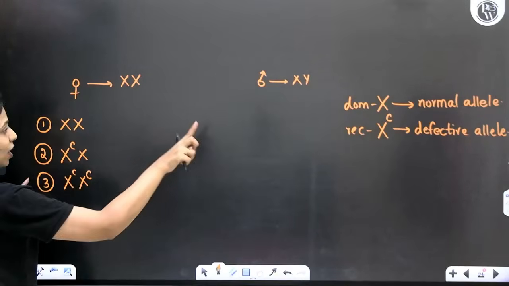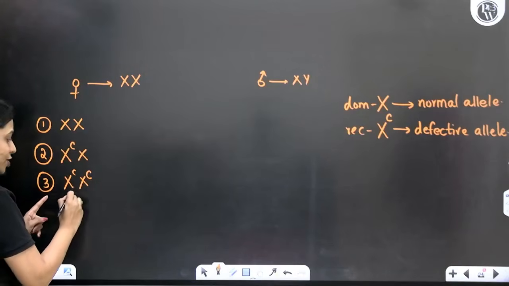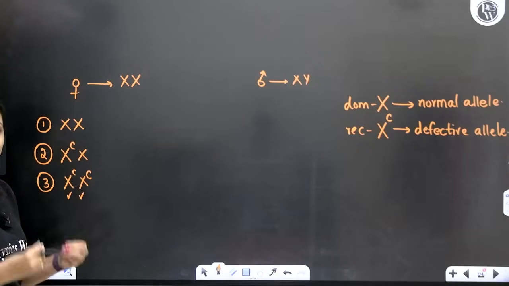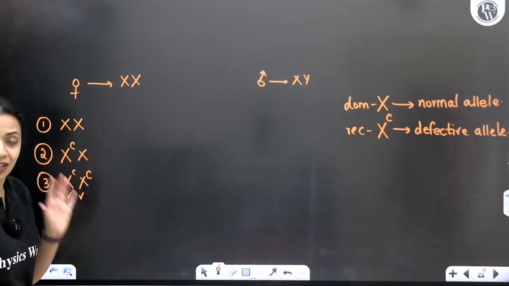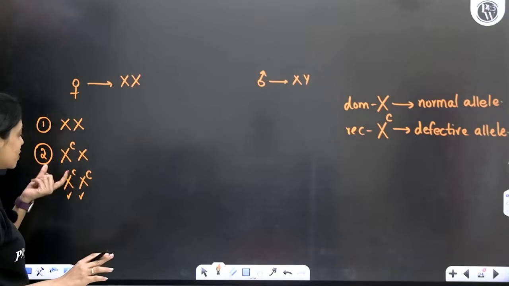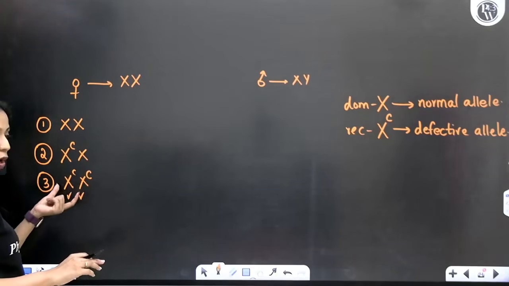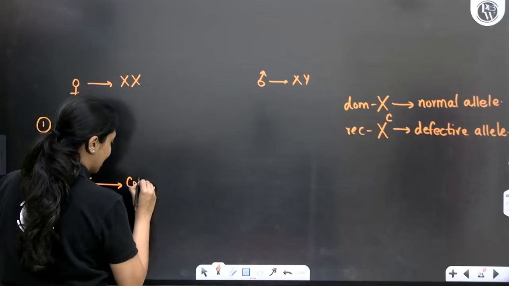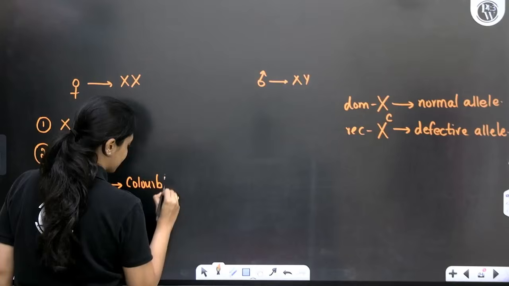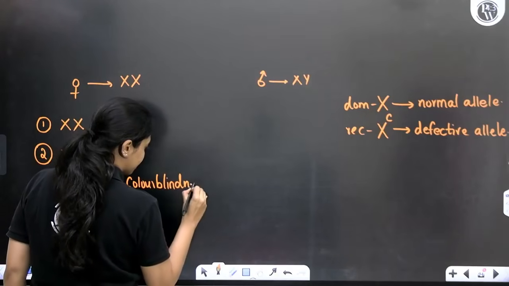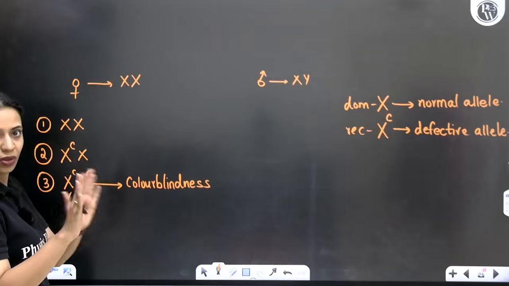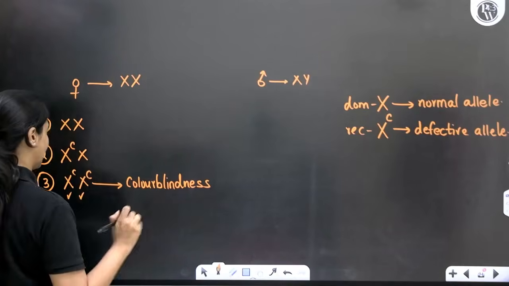So if a lady has to be colorblind, then she should have 2 copies of the recessive allele, because recessive traits don't express themselves unless they are in homozygous condition. So whichever female has this combination of alleles in her X chromosome will show color blindness. Both of her alleles are mutated, so there is no distinction between red and green colors.